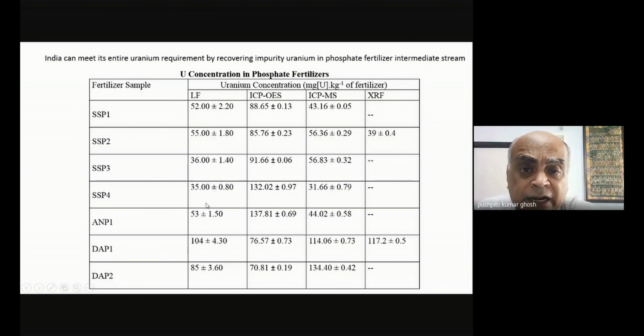Okay, and one had to be very careful with this analysis because if you're not careful, people can accuse you of generating incorrect numbers and various things. So we worked with various agencies. This is a technique known as laser fluorimetry. This work was done by BARC. Okay, this was done by a government lab in Hyderabad.